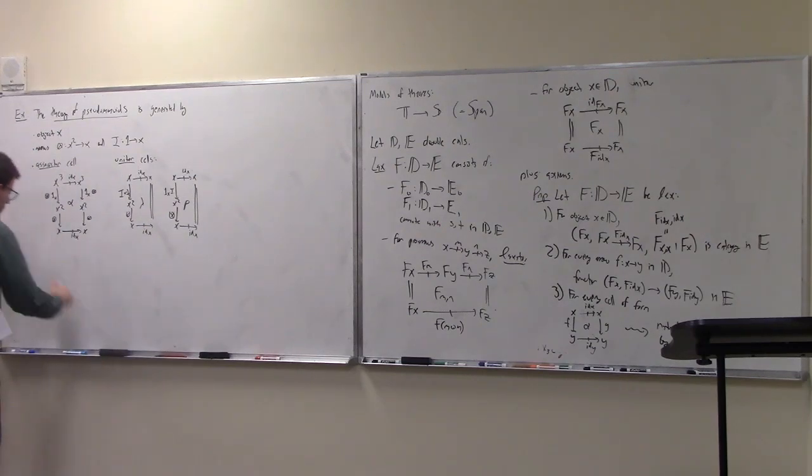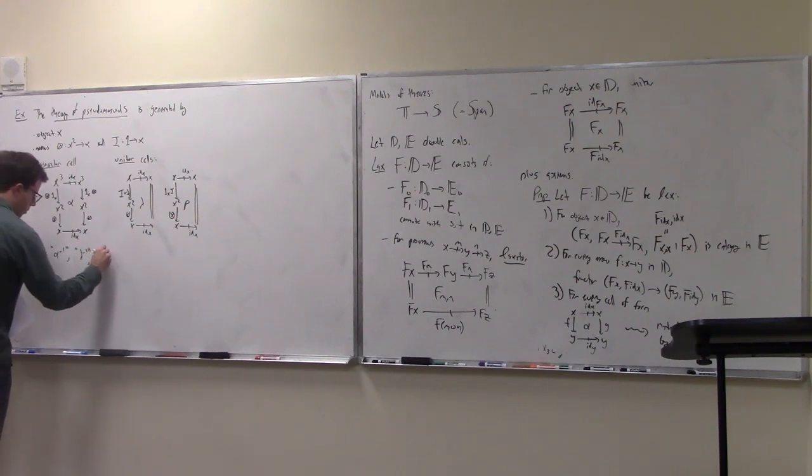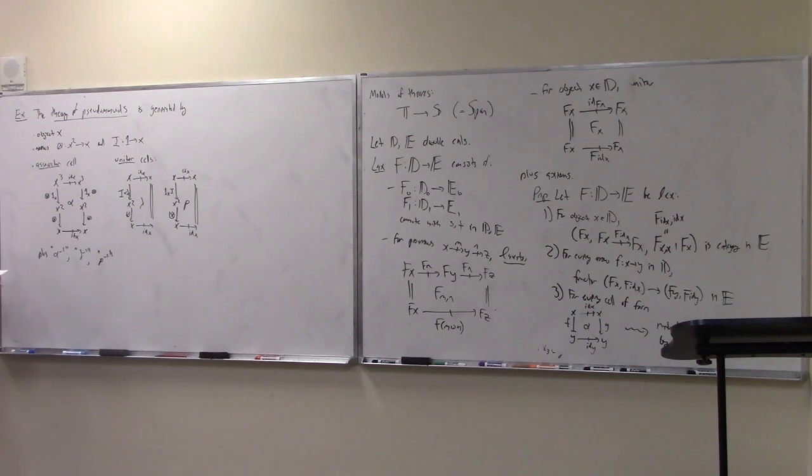And then we also need generators that will serve for the inverses, so alpha inverse, lambda inverse, rho inverse, subject to the two classic equations, which I will not write down in their full glory, but axioms that correspond to the pentagon identity and the triangle identity.